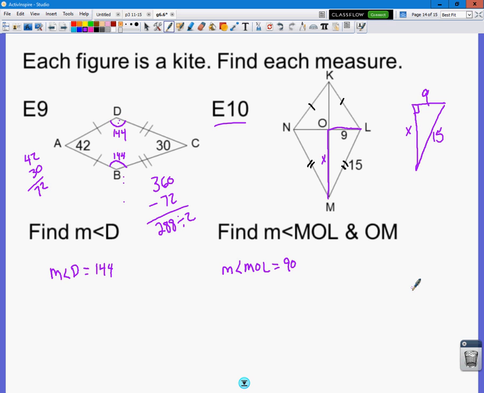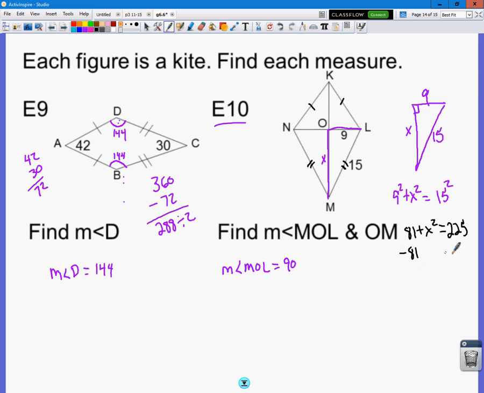This is also a Pythagorean problem. Which side has to be on the C side? The 15. So this will say 9 squared plus x squared equals 15 squared. 9 squared is 81. 15 squared is 225.